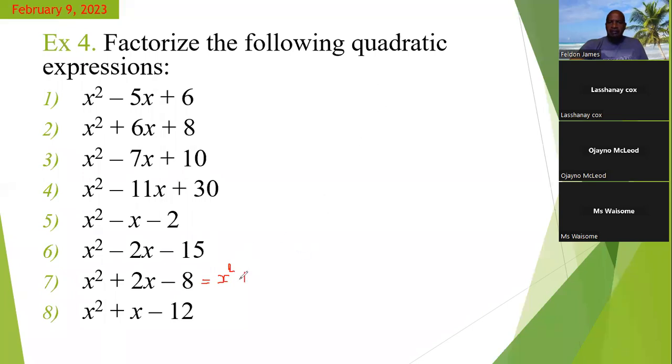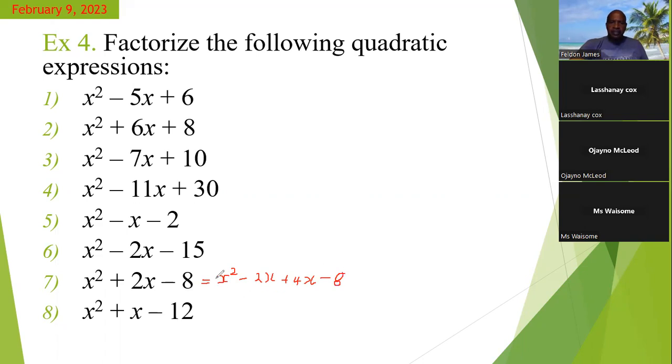So we will have x squared, negative 2x, plus 4x, minus 8.